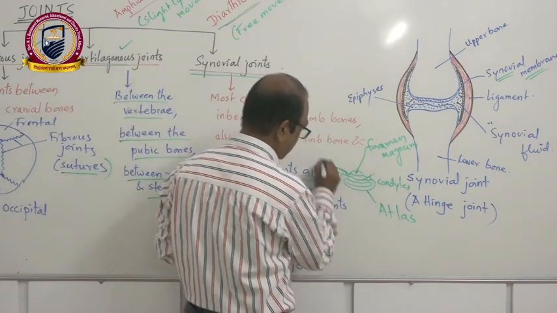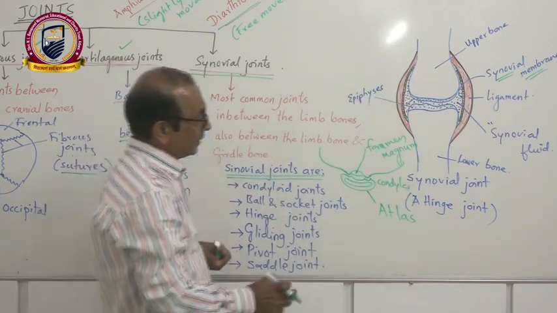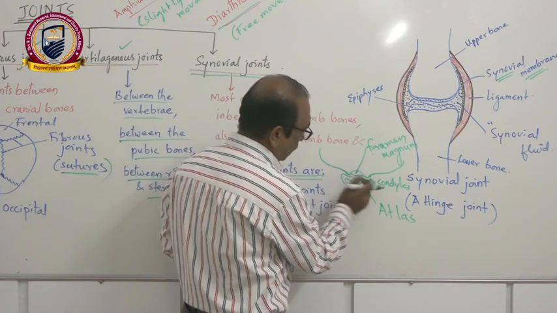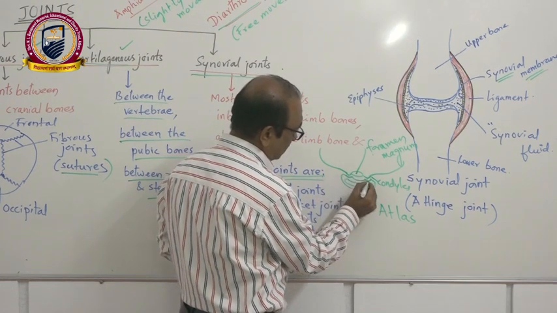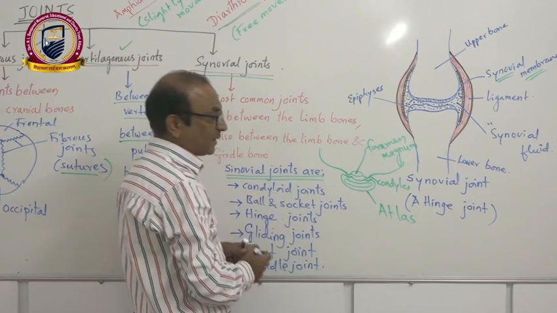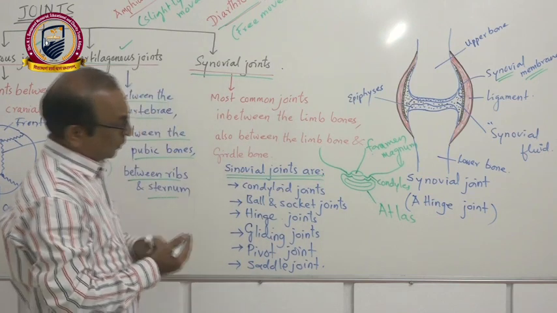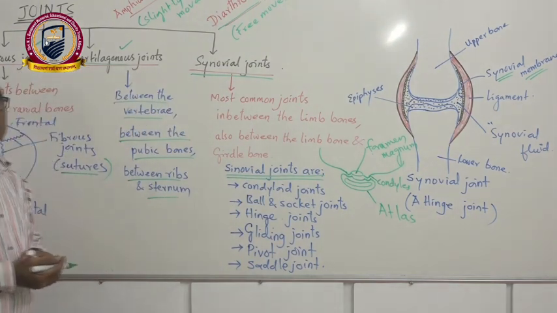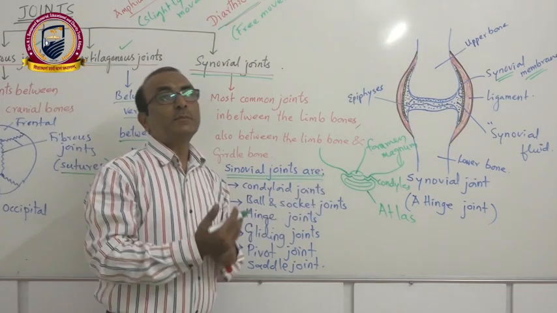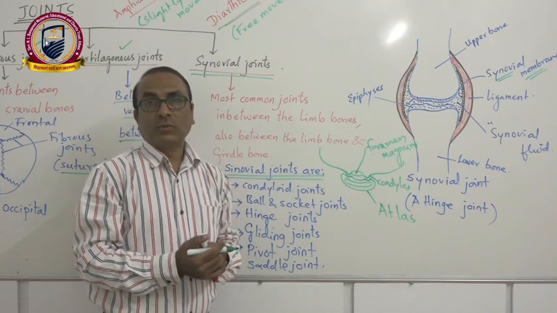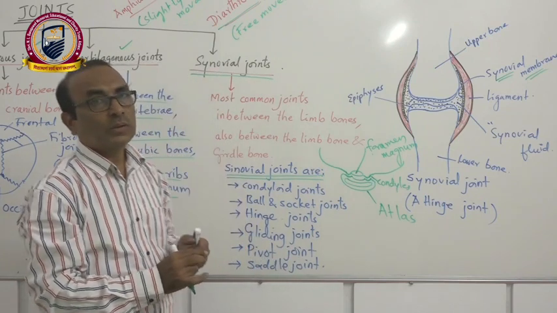The skull is big, and the diagram is disproportionate, but these condyles articulate with the articulation facets in the atlas vertebra, and this is called a condyloid joint. This joint will not allow rotatory movement. Only side to side movement we can do, because there are two condyles fixed like this to the vertebral column.